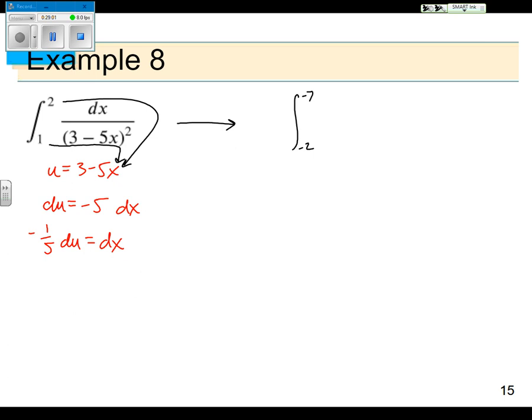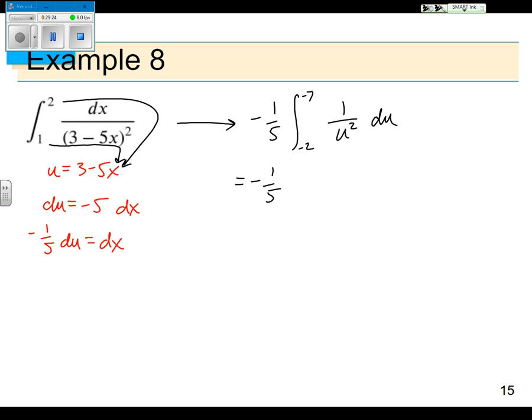Now, if it bothers you that the smaller number is on top of this limit, we can remedy that. All right, we can change this to a positive 1/5 and then switch these two. It doesn't really bother me, so I'm just going to leave it as it is. So I got the -1/5.